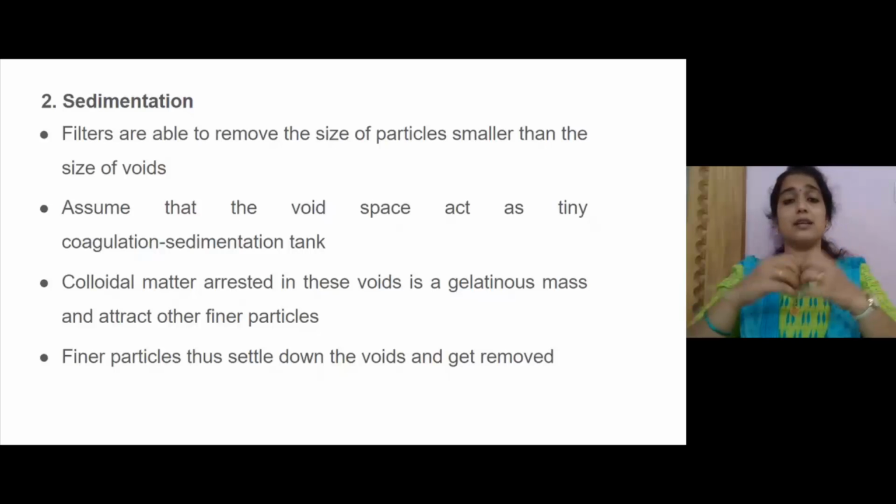This gelatinous surface will again enhance the removal of impurities from the effluent. It will increase the filtration rate. This is the sedimentation process. That is, each of these voids acts as a tiny sedimentation tank. This is the second mechanism happening in the filtration process.